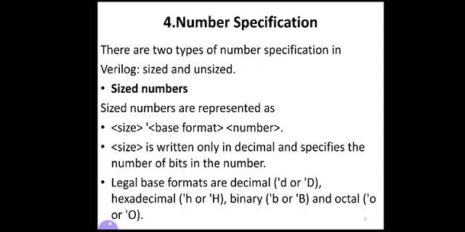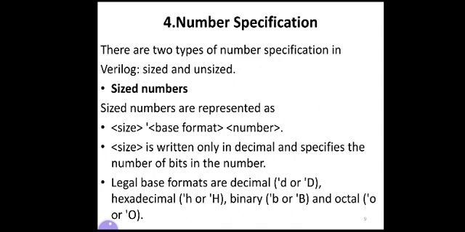What are this size, base format and number? Size is written only in decimal. It indicates the size of your number. For example, if you want to write a 4-bit binary number, 4 is the size.